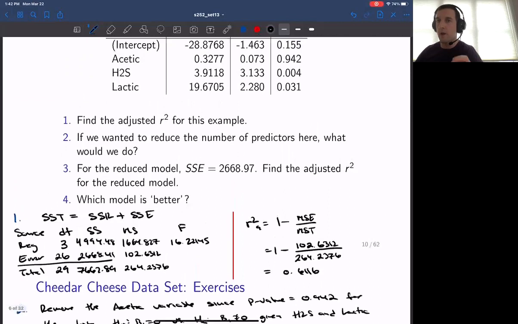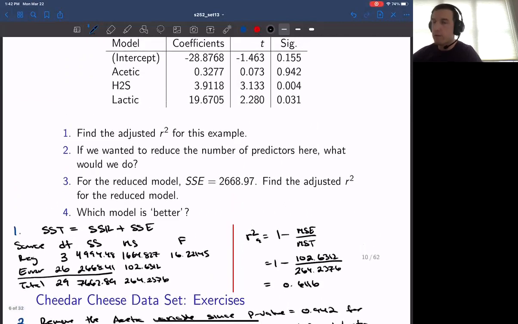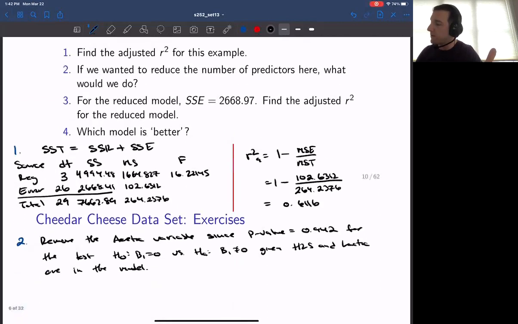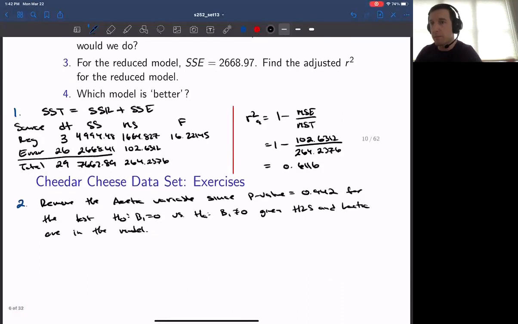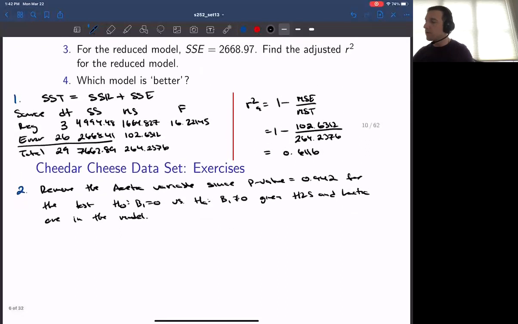Okay, so the output above here is showing us that there's no evidence that the acidic variable and the response variable form a linear relationship. So we have no evidence to reject the null hypothesis that beta 1 is equal to 0 given H2S and lactic are actually in the model. So if we remove the acidic variable, then we now have, in terms of the values we've been using before, okay, we now have the following model.